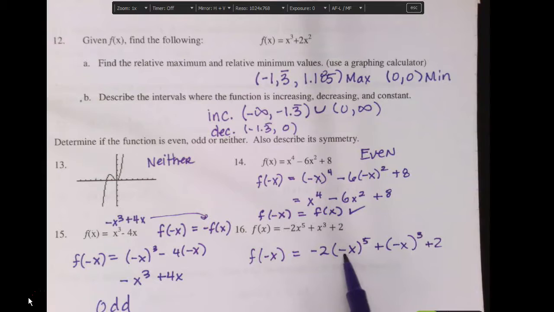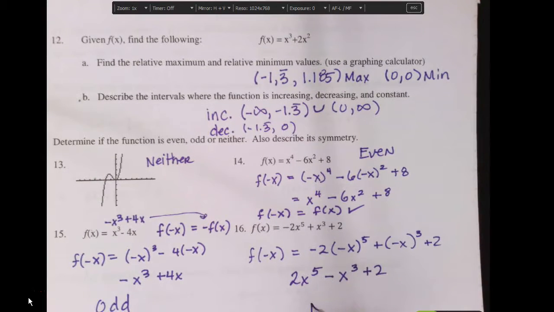So negative x to the 5th is going to be a negative, so that's going to counteract this positive. So that's the opposite. And this negative x cubed, that's the opposite, but this plus 2 has no x with it to make it go over to be the opposite. So that's why this one would have to be neither.